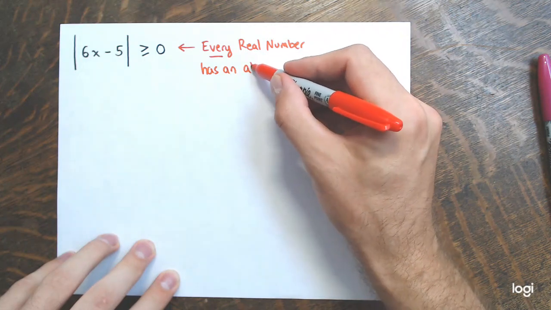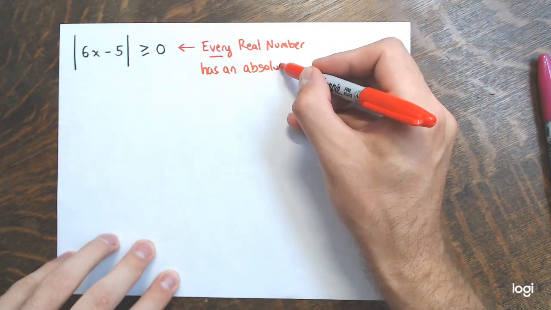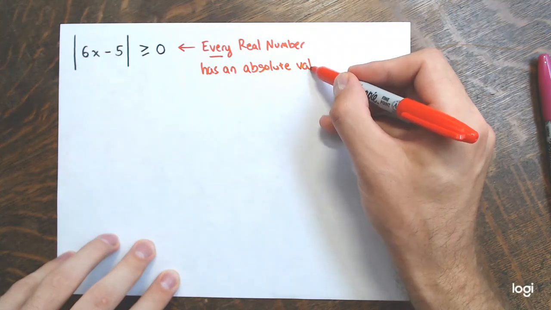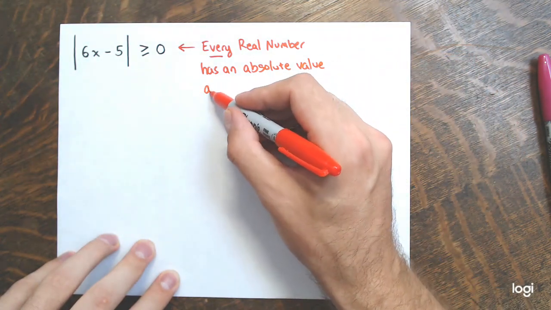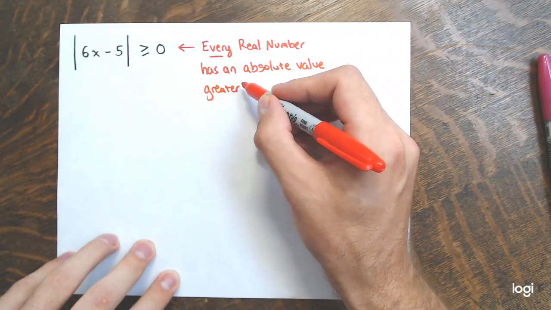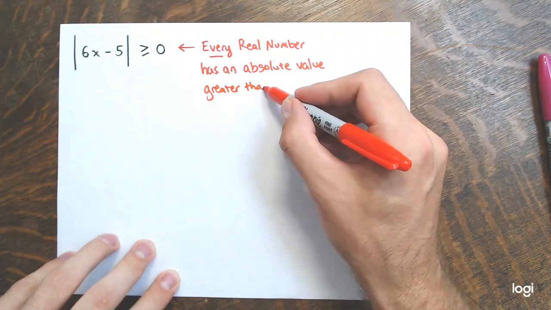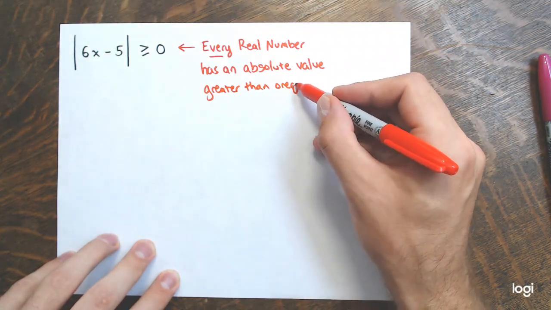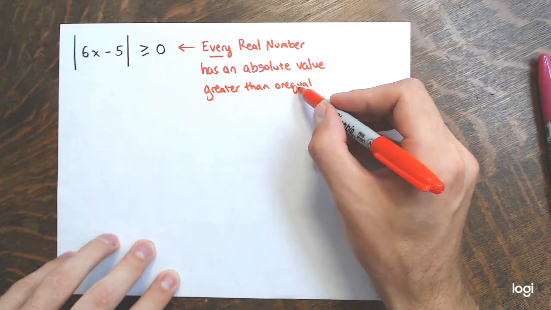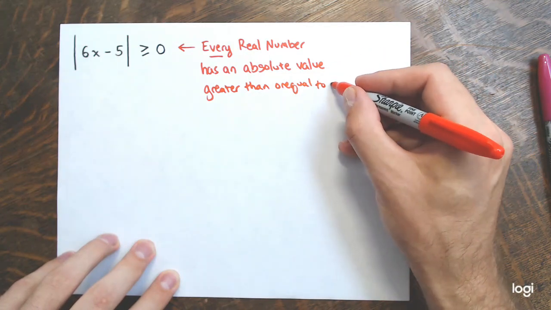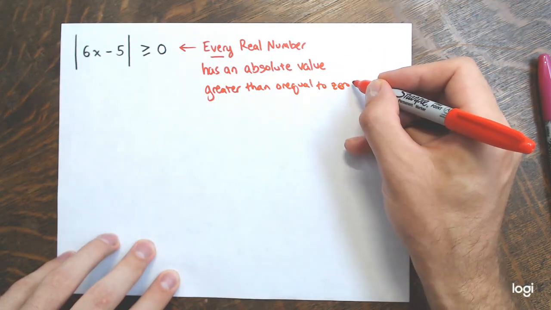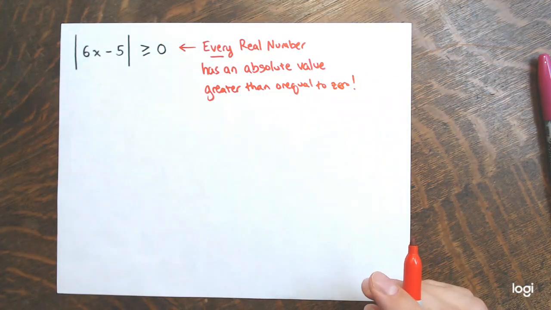Every real number has an absolute value greater than or equal to 0. That should be two words, or equal. Sorry. Every number, right? 0 has an absolute value of 0, which is equal to 0, right?